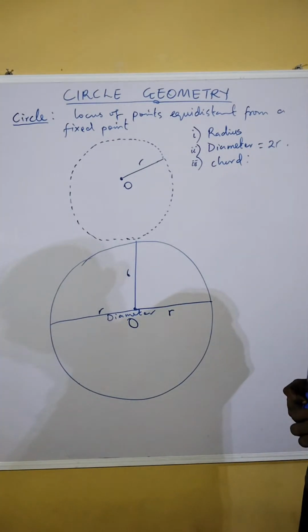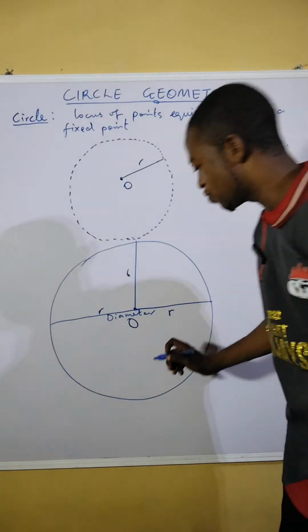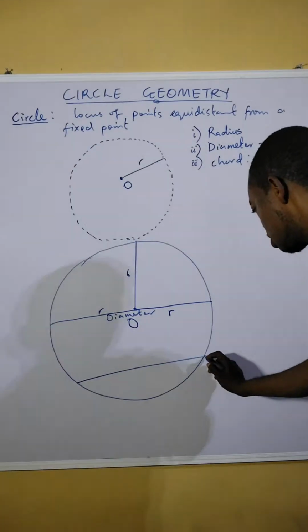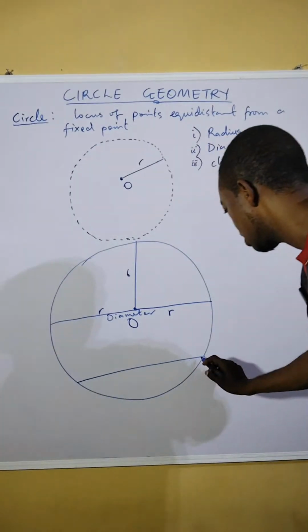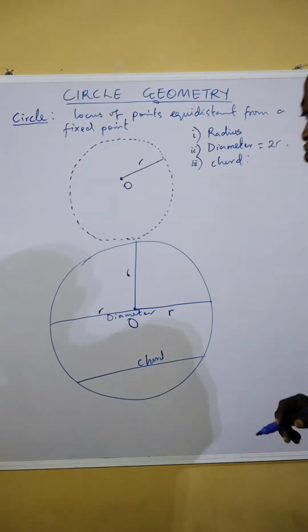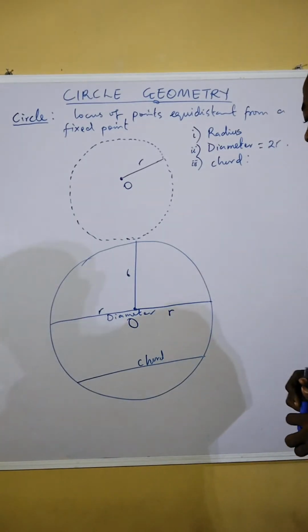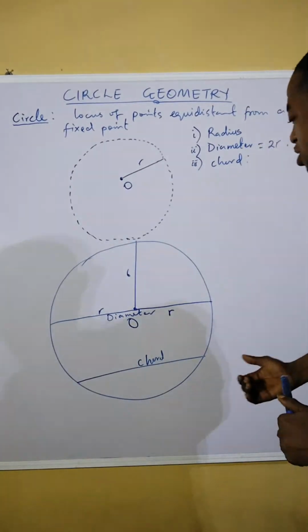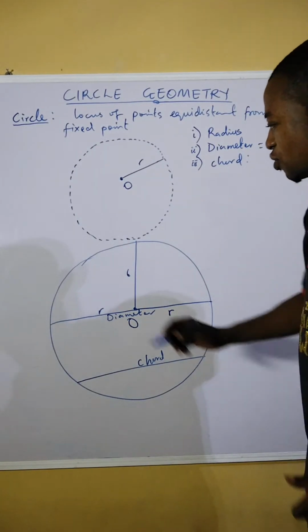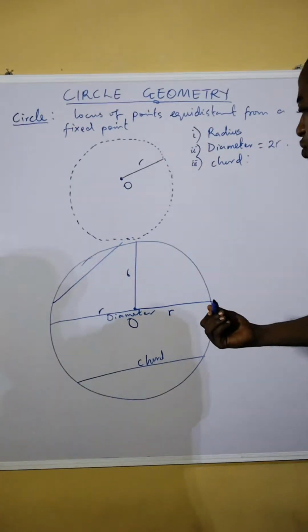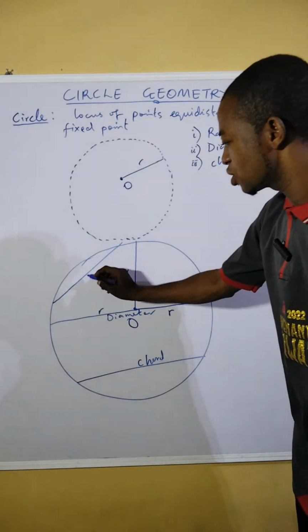Any way we draw it, it's touching the circumference at both sides. So if I draw a line here touching this circumference at this side and at this side, this line is called a chord. It doesn't really matter how it is drawn. You might draw it this way, and this is also a chord.